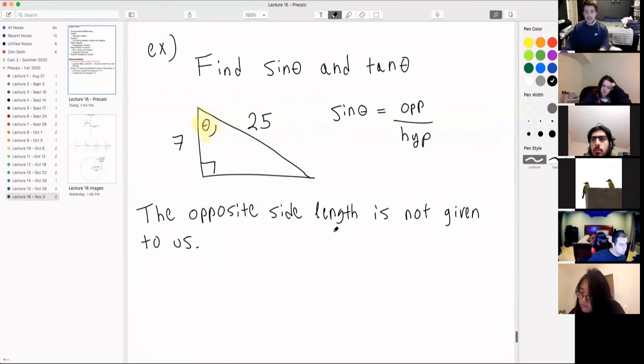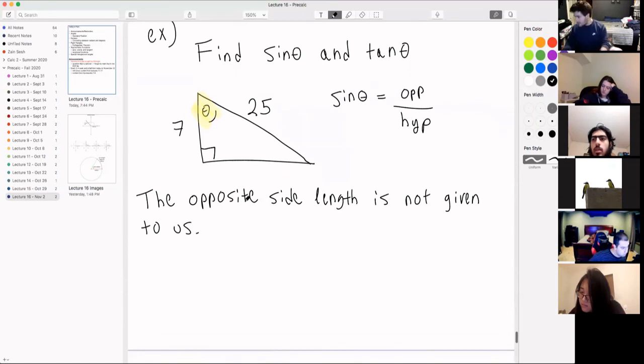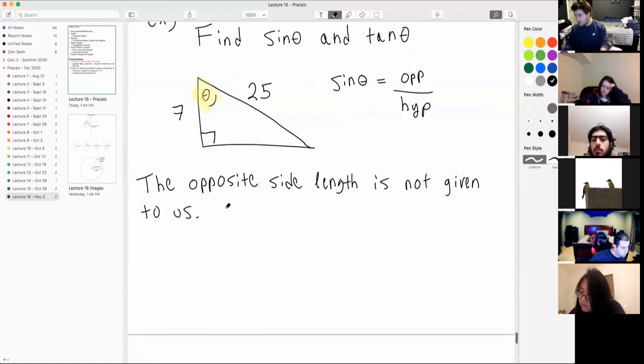We need the opposite side length to find sine of theta, because sine of theta is opposite divided by hypotenuse. And as Faye said, yes, we can definitely use the Pythagorean theorem. So let me write this out quickly. Use Pythagorean.